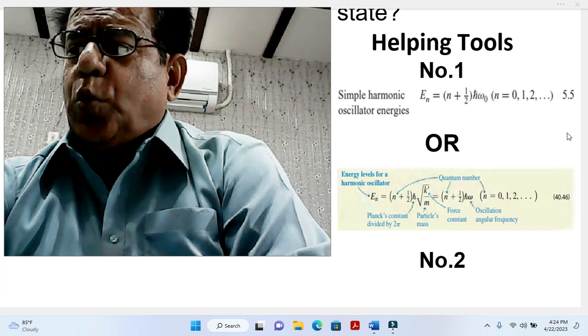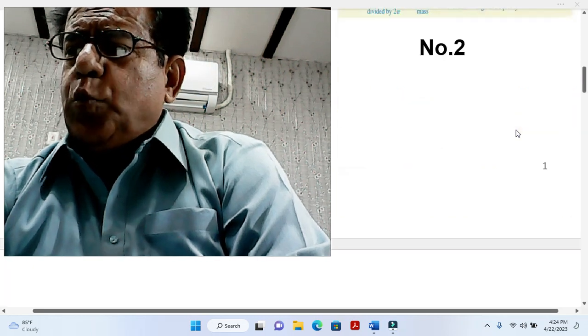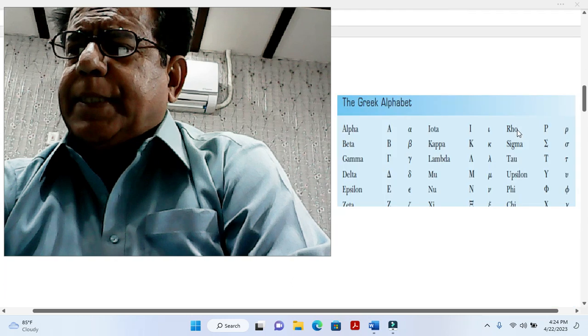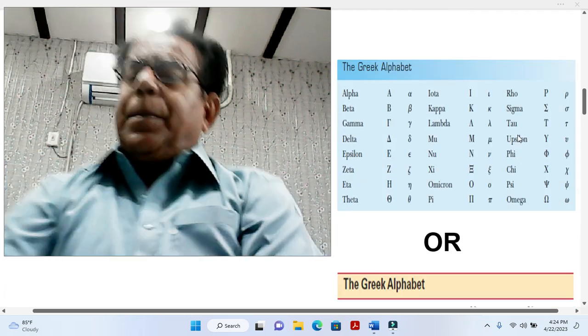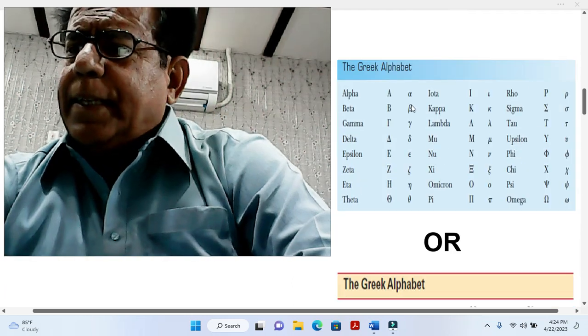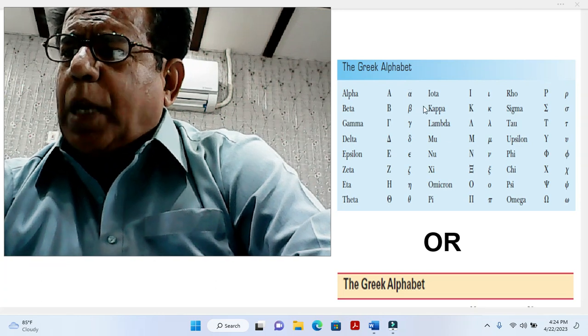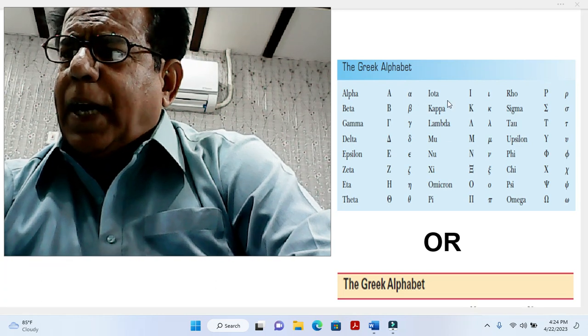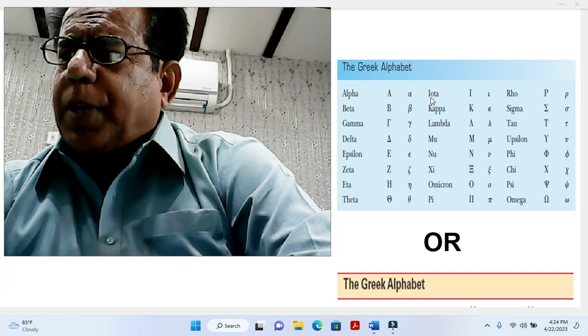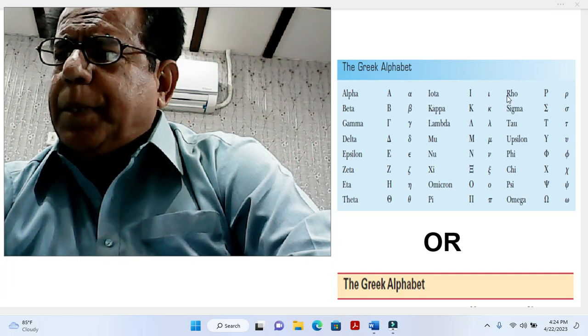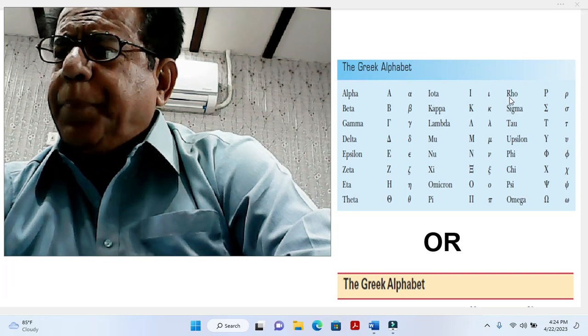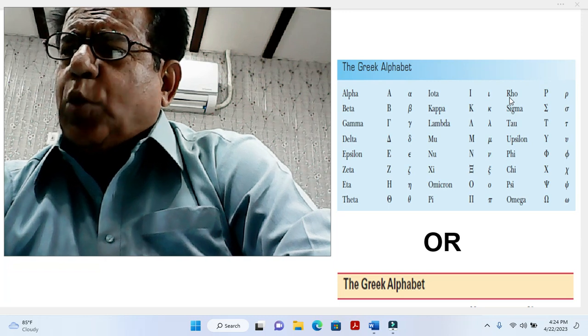This is the Greek alphabet, in 3 columns.